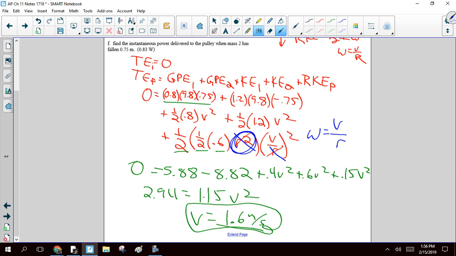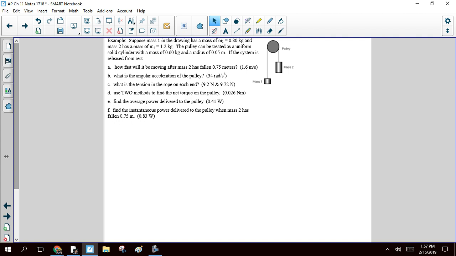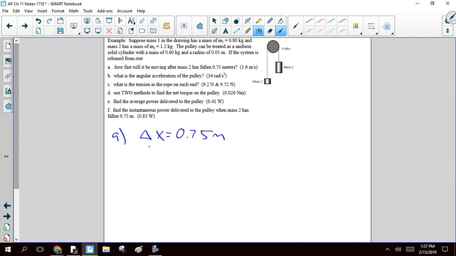Probably the easiest way to do that, let me clear the screen here. We just figured out the linear velocity. For part A, we decided that our objects underwent a displacement of 0.75 meters. They started at rest, and we figured out the final velocity was 1.6 meters a second.